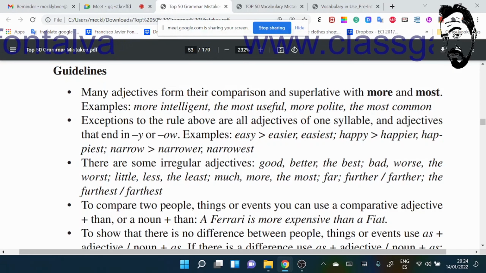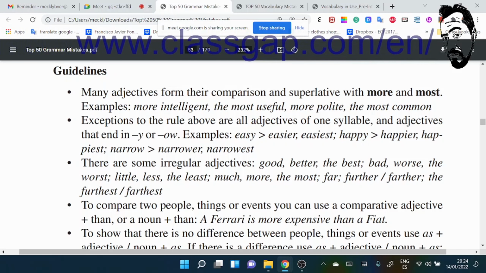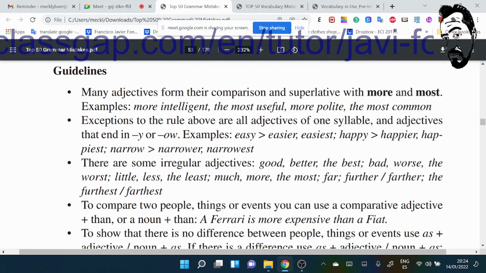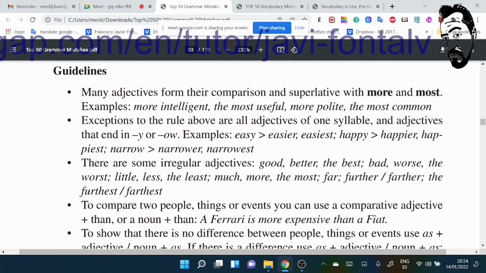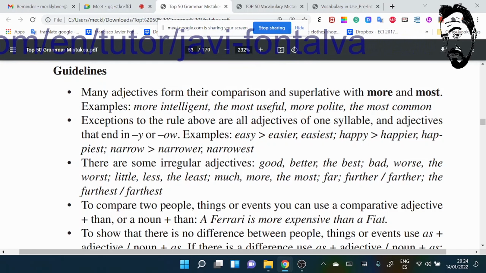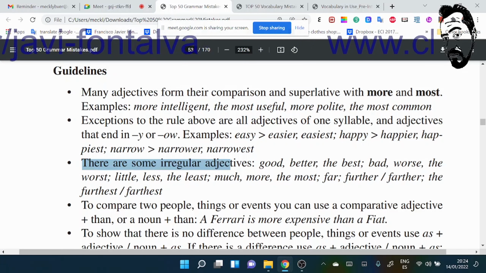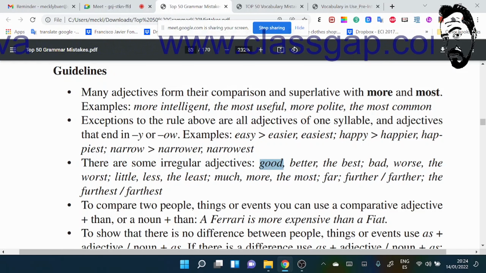We usually use this for short adjectives. So for example, fat, fatter. Fast, faster. Slim, slimmer. There are a few irregular ones. This one you have to learn by heart. So we say good, better, the best.